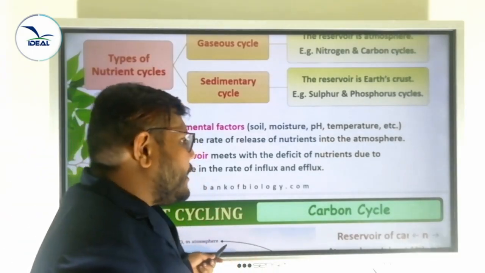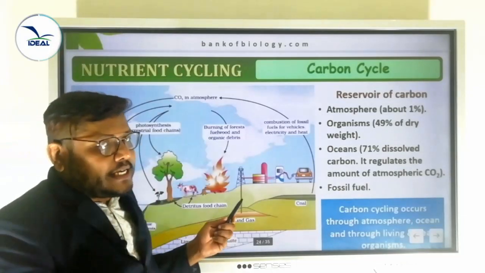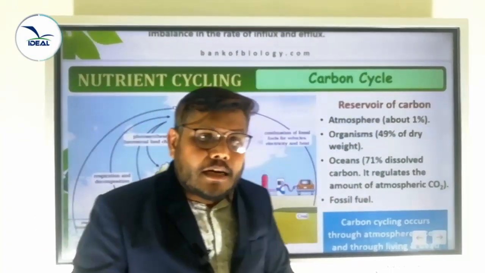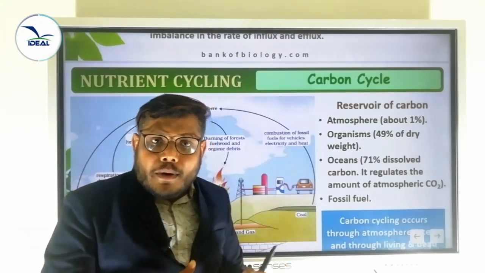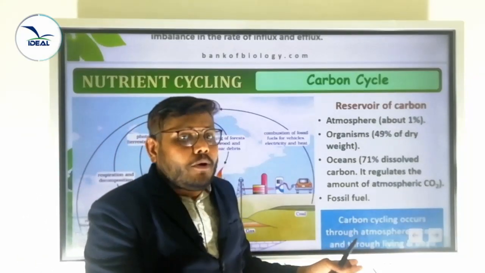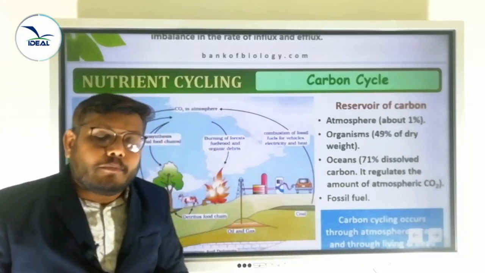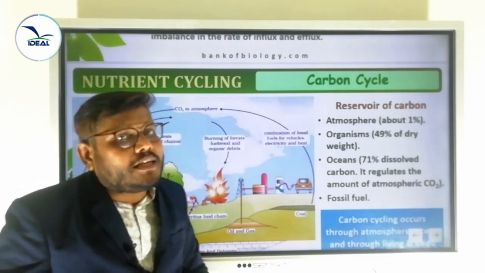First we are discussing the carbon cycle, which comes under the category of gaseous cycle. So what is carbon cycle? Here the material is carbon. Carbon flows from abiotic to biotic and back to abiotic in a more or less cyclic manner. That is called carbon cycle. The reservoir of carbon is the atmosphere.